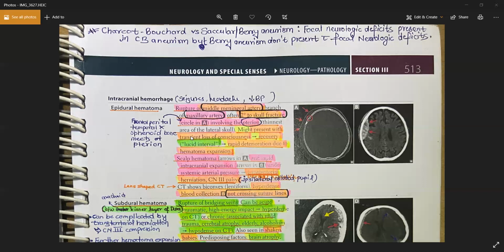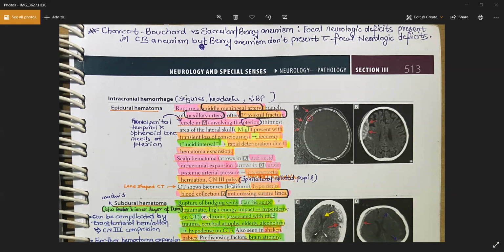They become suddenly conscious, and then again they will have rapid deterioration due to the hematoma expansion. So first the loss of consciousness, then again the gain of consciousness but with disorientation, and then again a loss of consciousness. This kind of presentation will be present in epidural hematoma, whenever the patient has blood accumulation between the skull and my dura mater, right?